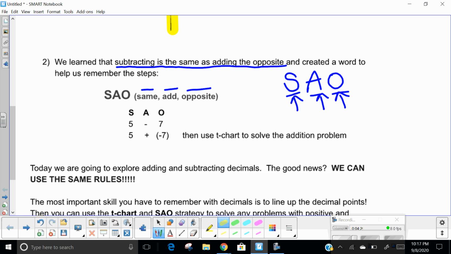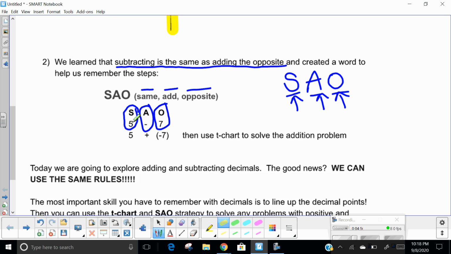Now you want to remember, if you put the S above the first number, and then you put the A around the minus sign, and then you put the O, or a line, around the O, you create these little bubbles.